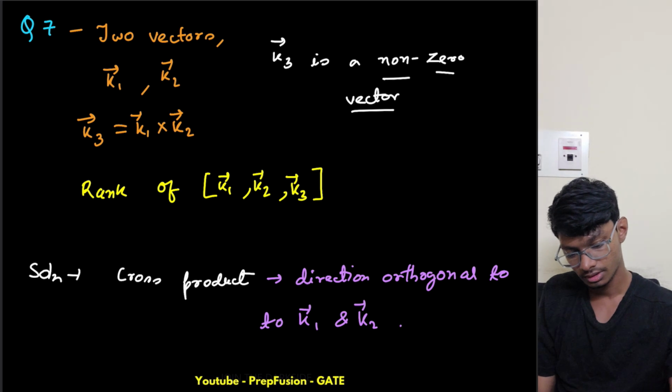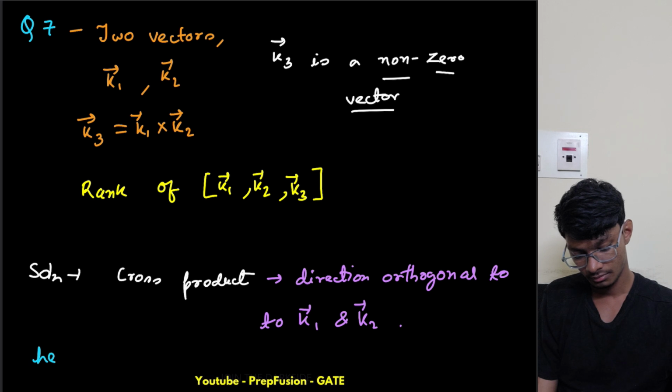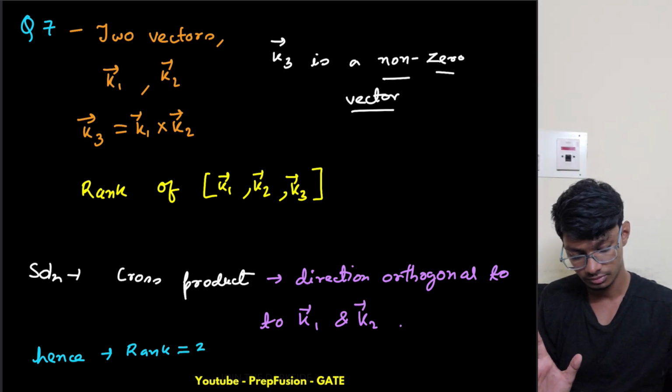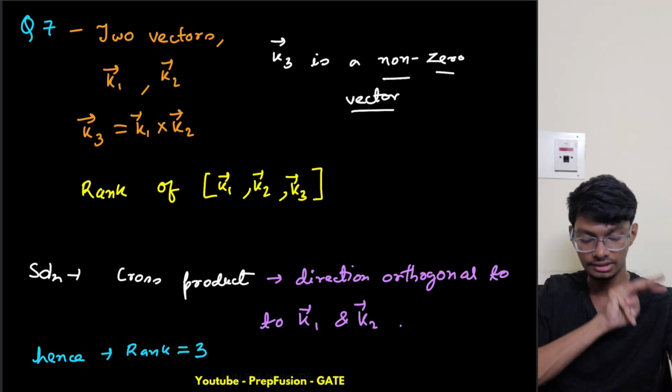That's why the rank will be 1. Okay, sorry, the rank will be 3. The rank will increase because all three are linearly independent.